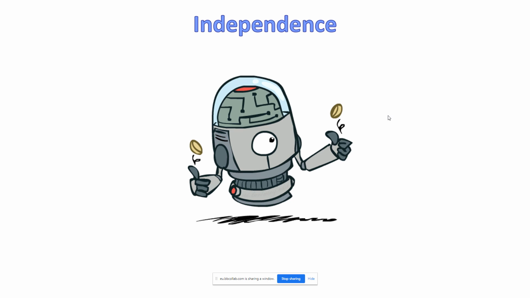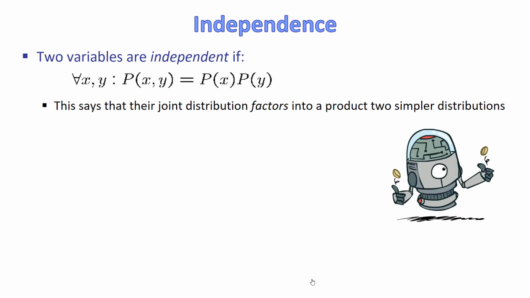Now to independence and then conditional independence. We'll start with independence. I'm sure that you are familiar with independence, but let me just go through it quickly, and then we focus more on conditional independence. So what is independence? Independence is the concept of having two variables that don't interact with each other, that don't relate to each other.